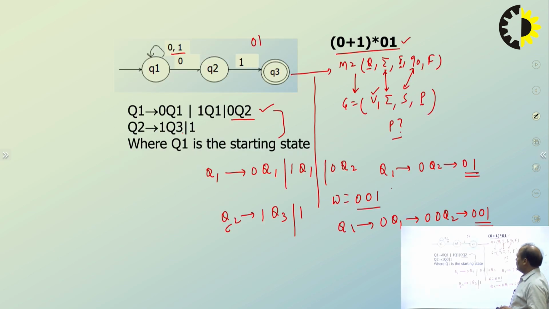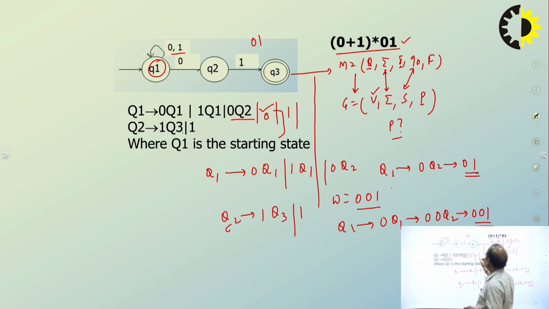Right, so there is only one limitation with this kind of construction. Had it been that the starting state is also a final state, suppose the starting state is final. Then you have to add, for Q1, the destination, so 0 is also added, and 1 is also added, and epsilon will also be added, because this is also accepting the epsilon transition.